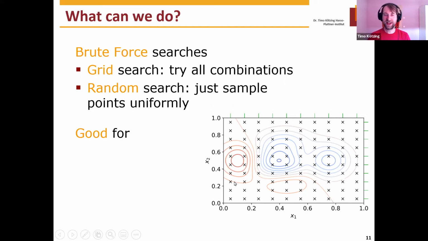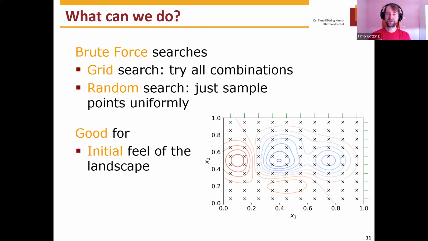In general, these kinds of approaches are pretty good for getting some initial feel for the landscape, identifying values that are promising, and then maybe using these as starting values for something else, or refining this approach.